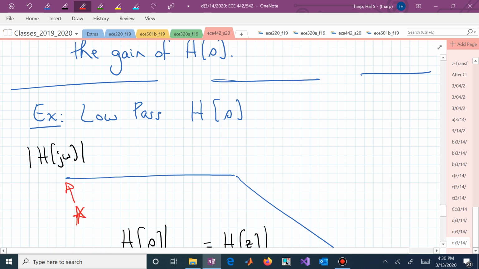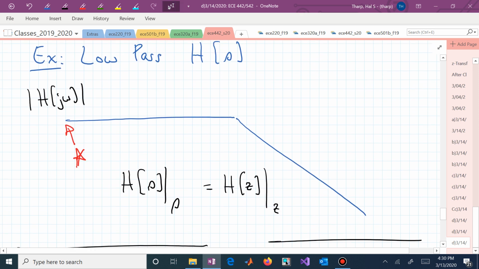Typically, we want to match those in the pass band at low frequencies, and a straightforward low frequency is the extreme, DC. So we now match H of s evaluated at s equal to 0.